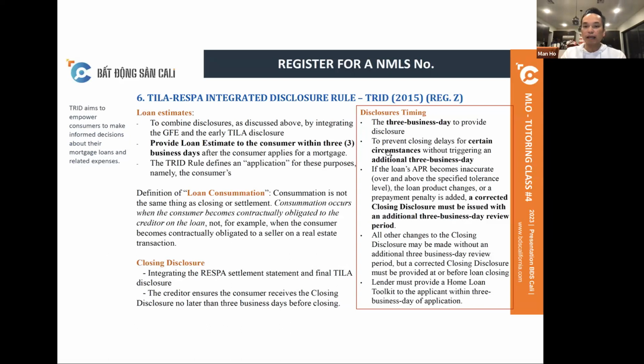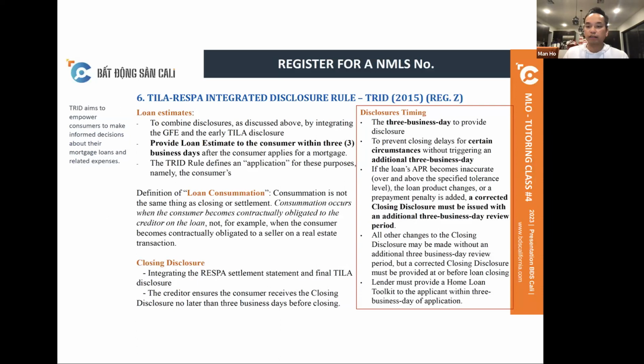So here are some disclosure timings. 3 business days to provide all the disclosures to prevent closing delay, in certain circumstances without triggering an additional 3 days. Anything that changes can roll over that 3 days of disclosure. If the loan APR becomes inaccurate beyond a specific tolerance level, the loan product changes, or a prepayment penalty is added, a corrected closing disclosure must be issued with an additional 3 days.